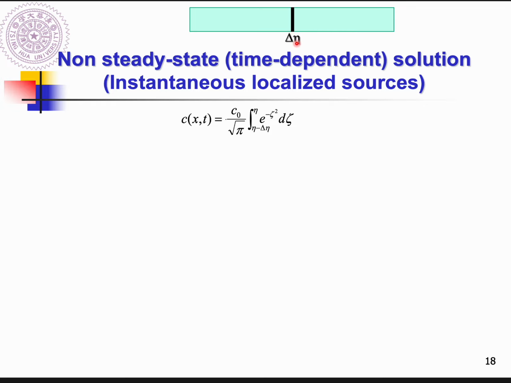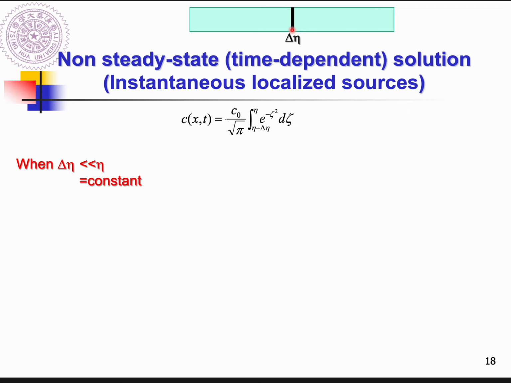The thickness of these diffusing atoms is quite important to the concentration distribution, and we assume delta eta is smaller than eta. What does this mean? It means that the thickness delta eta of the diffusing atoms is much smaller than the size, or diameter, of the sample. Compared to the diameter of the sample, this diffusion source is quite small.